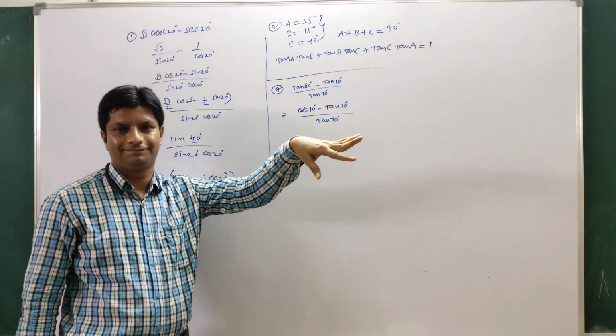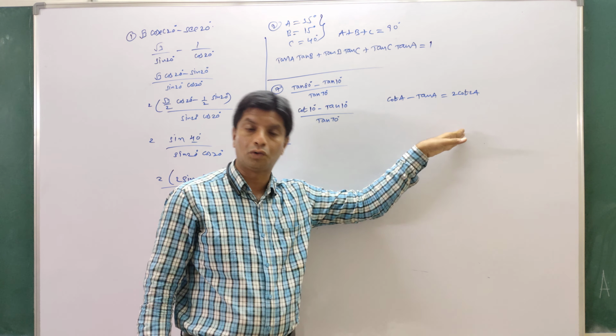The numerator is in the form of cot A minus tan A. Already we know what cot A minus tan A is: 2 cot 2A. In the previous class, we discussed the formulas. Two formulas are there: cot A minus tan A is 2 cot 2A, and cot A plus tan A is 2 cosec 2A.